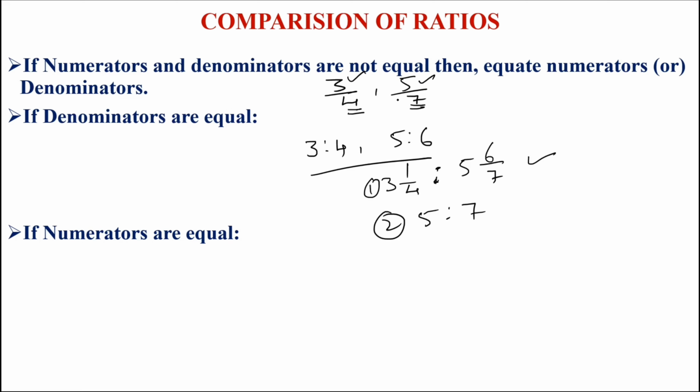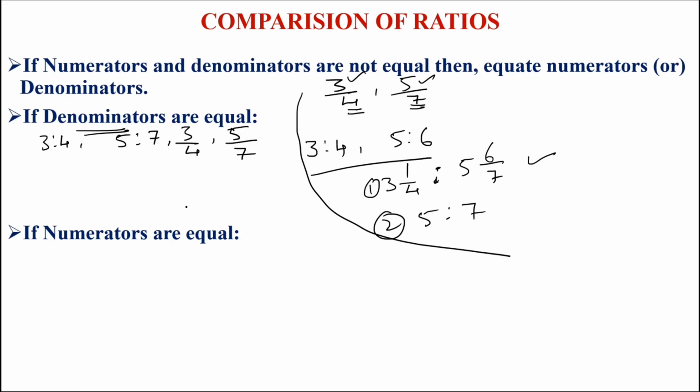Then we will equate the denominators. I want to know which ratio is greater. So take 3/4 and 5/7. To equate the denominators, take the LCM of the denominators. What is the LCM of 4 and 7?